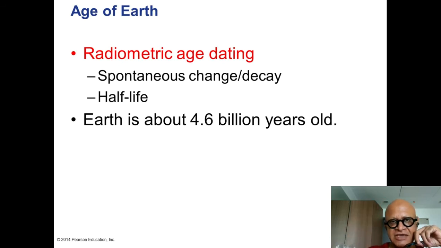It keeps decaying, but it is this half-life that can be used to estimate the time period that has passed for any particular process or material we are looking at, any chemical evidence that we are diagnosing. So using this kind of radiometric age dating, we can estimate that Earth is about 4.6 billion years old.